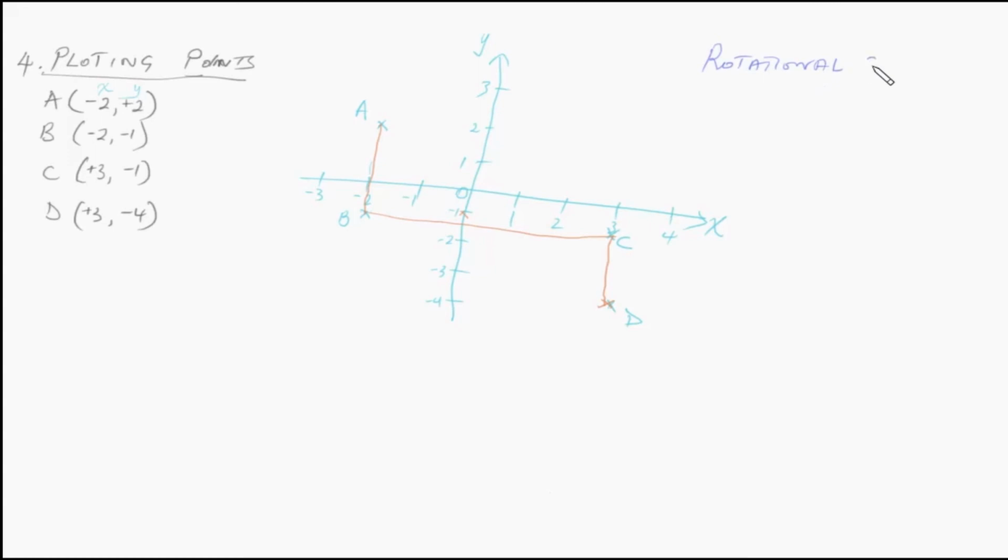The order of rotational symmetry means you are going to rotate this shape about a point such that as it's rotated in one direction, say clockwise, there is a time when it fits into itself again.